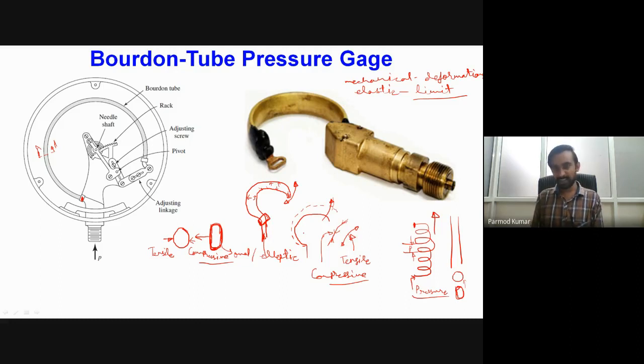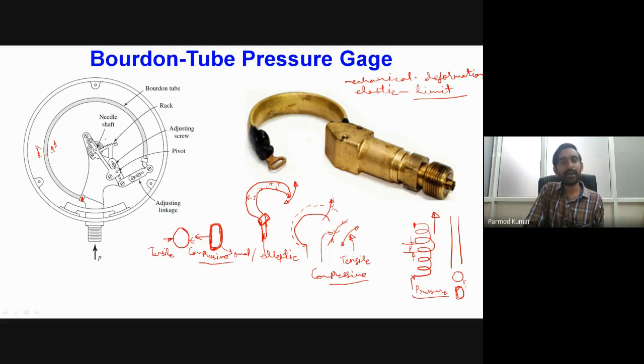Particularly because of the elongation, whatever tensile stress we are having will be balanced by the compressive stress which will be generated because of the change of the cross section. Okay, likewise it will be happening on the outer periphery of this tube. So this balance of the stresses at any pressure state leads to the new equilibrium position for the tube.